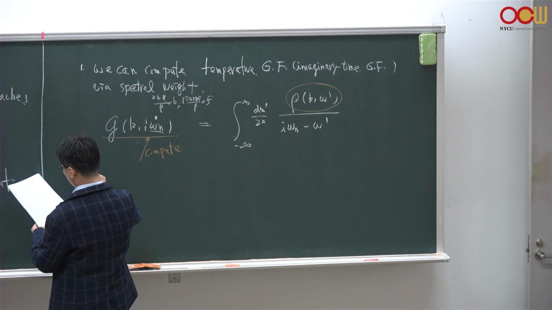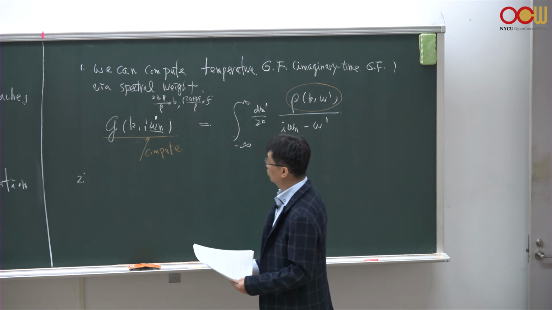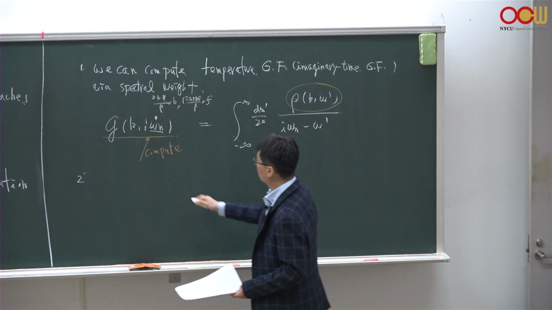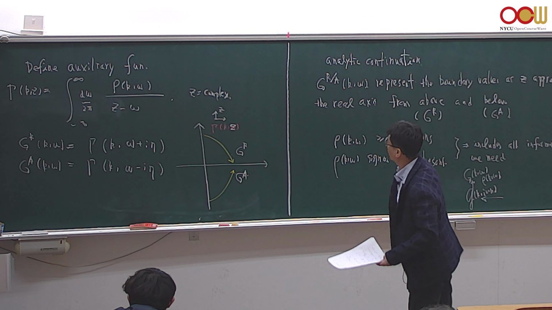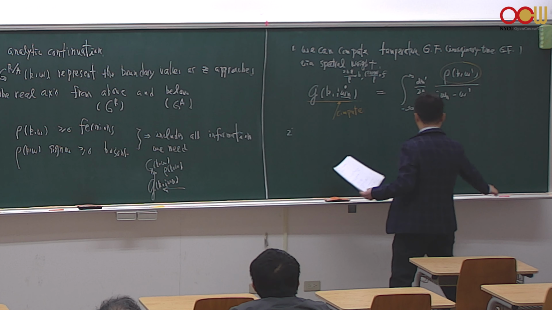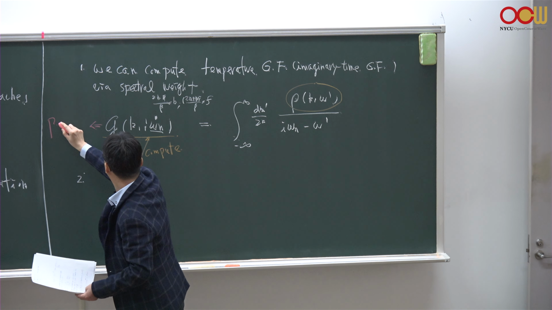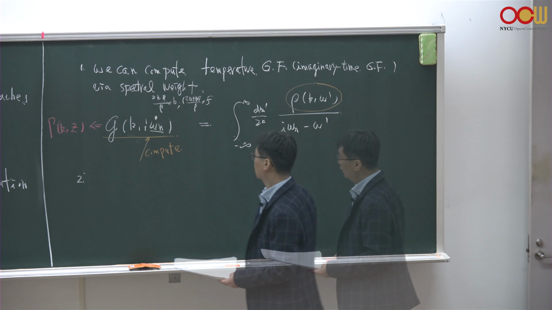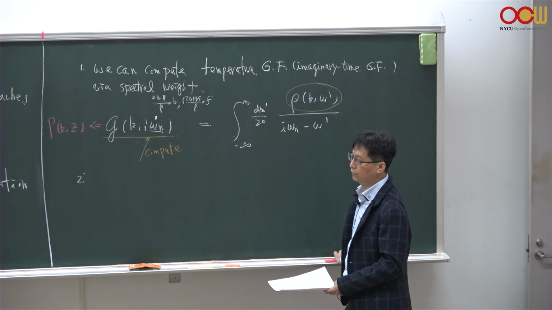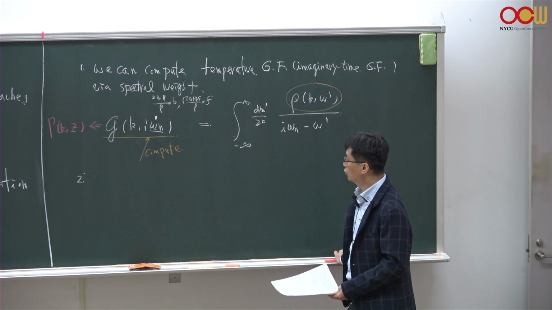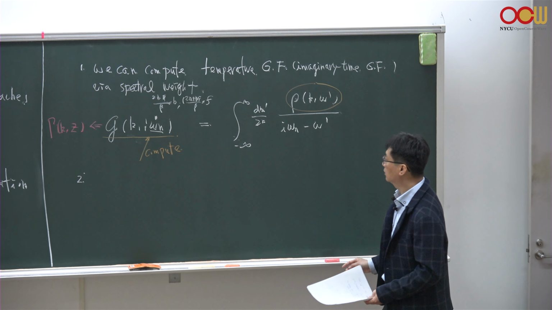And then we could take a detour by defining an analytic continuation, meaning we can define a kind of auxiliary function, the gamma function over there. And we can generalize this Matsubara Green's function to the gamma function, which applies everywhere in this complex z plane, right?